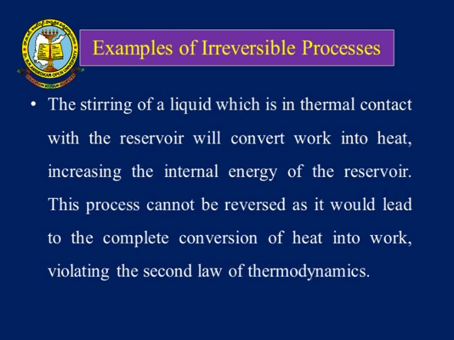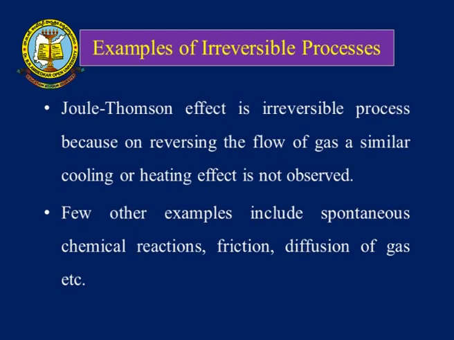Increasing the internal energy of the reservoir takes place here, so the process cannot be reversed. One more example is the Joule-Thomson effect. It is an irreversible process because on reversing the flow of a gas, a similar cooling or heating effect is not observed.